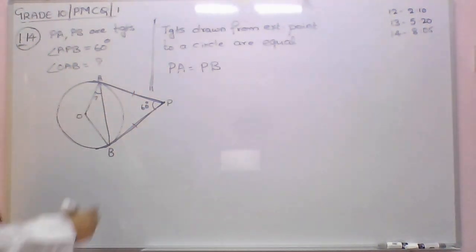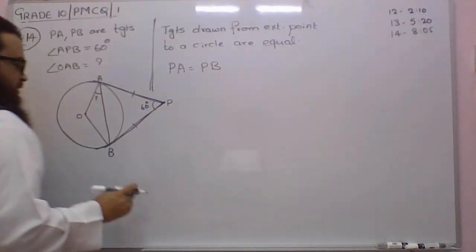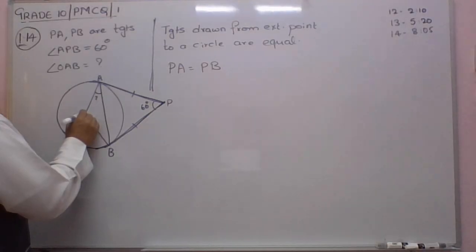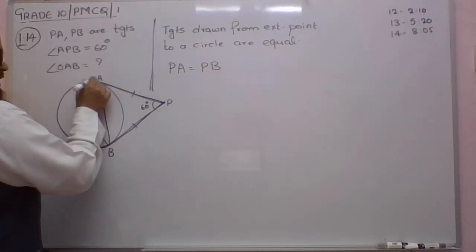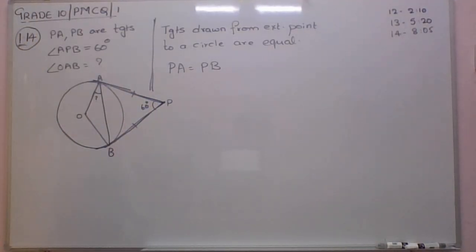Now another concept which is very important. What is the angle between the radius and the tangent at the point of contact? It is a theorem. This is the first concept and this is the second one.